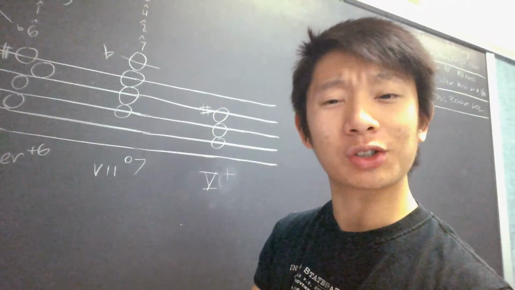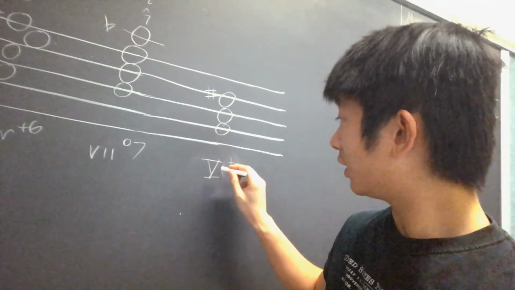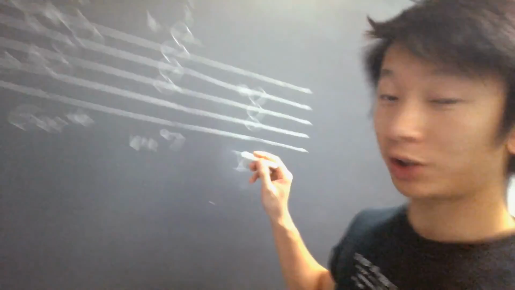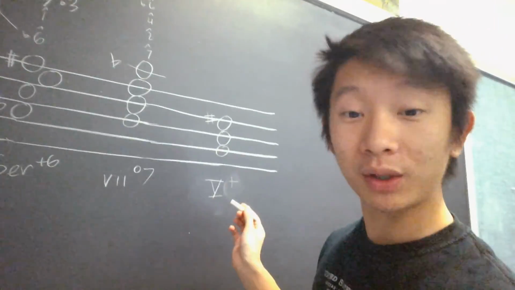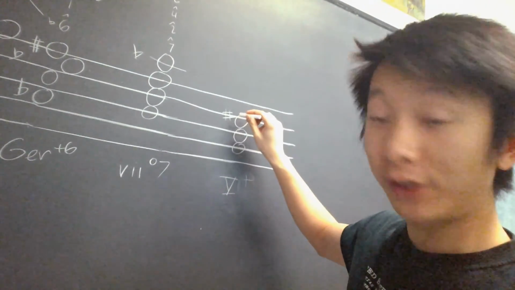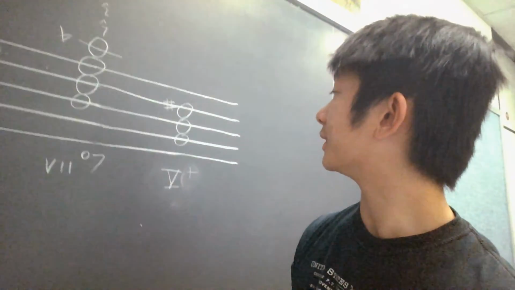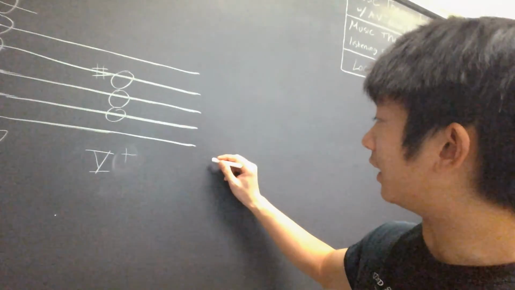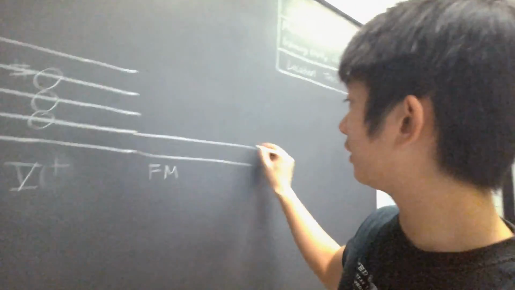I don't think I explained that very well, so let me start again. We are building a V chord in the key of C major, which is a G major triad. To make it an augmented quality, all we have to do is raise the 5th of that chord. Let's do another example.